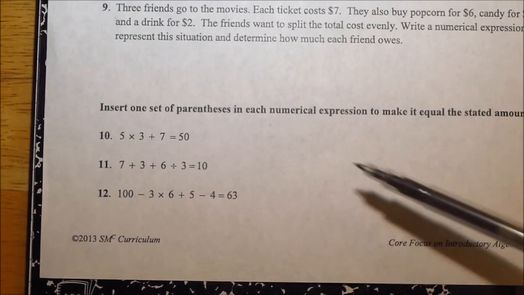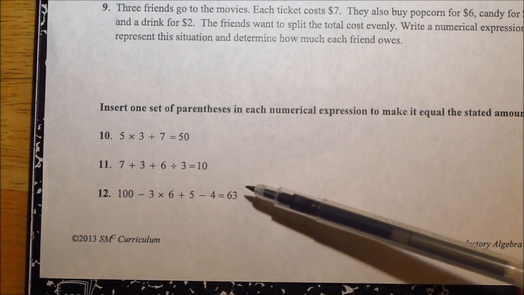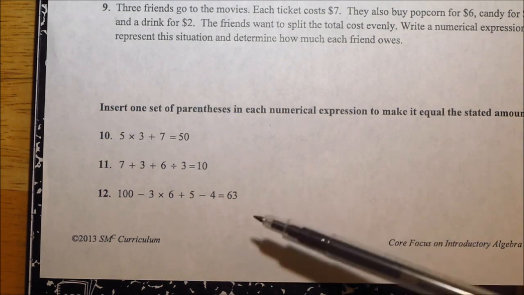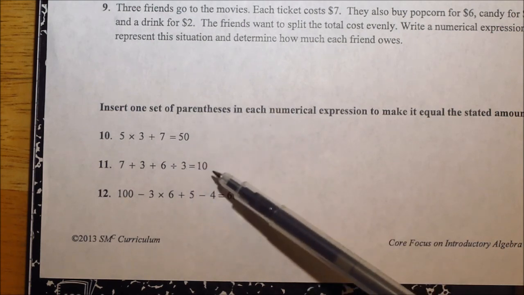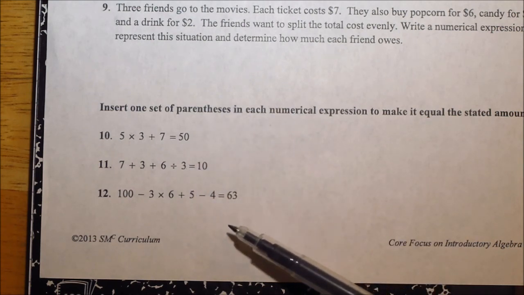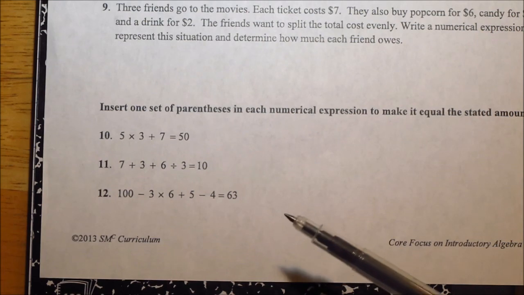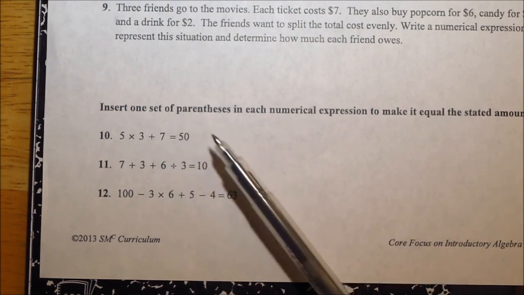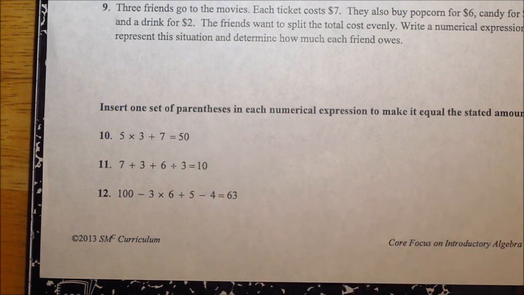I've had students get down to these and they trial and error, and they're making a mistake, and nothing they try gets you to these answers, and they think, oh, there must be a typo, which happens in our curriculum from time to time. But I can tell you that all three of these are not misprints, and there is a set of parentheses that you can put in each one of these expressions to make the answer true. All right. So that's your worksheet.